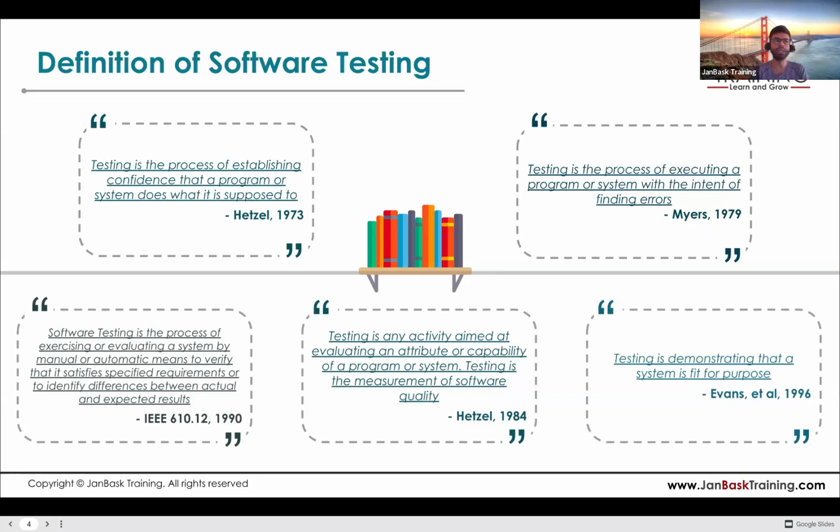You can say that now this application is behaving as per the expectation, and we should go ahead and release the software. So this enhances the confidence, and you can say that this software is performing whatever it's intended to do.